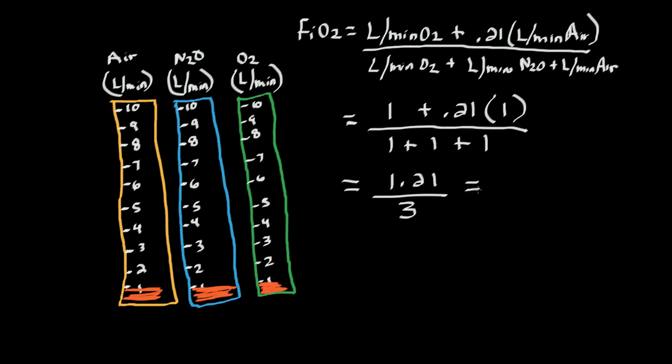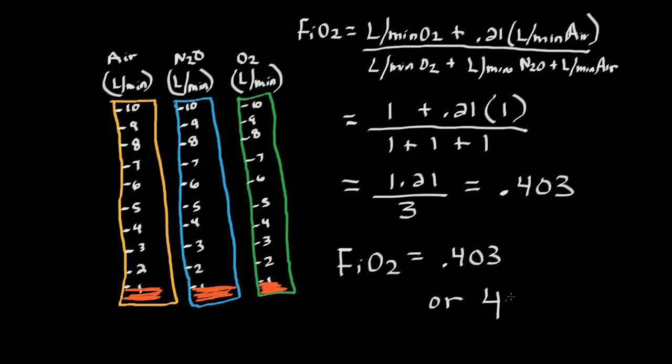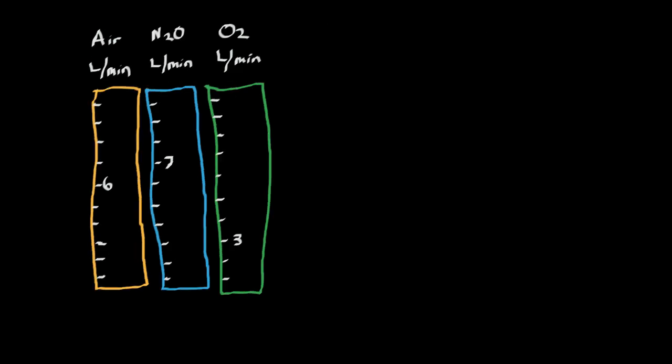And if you have your calculator handy, 1.21 divided by 3 is 0.403. So our FiO2 is equal to 0.403 or 40%.